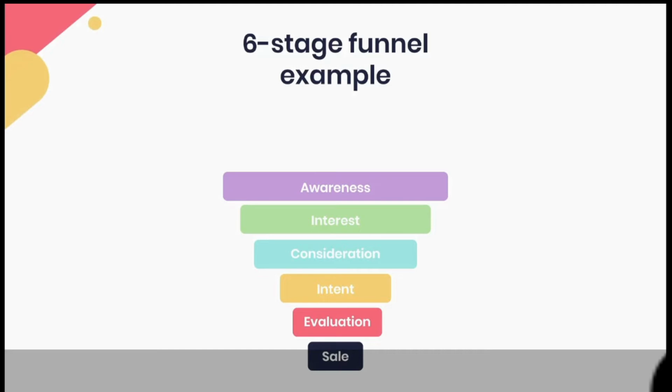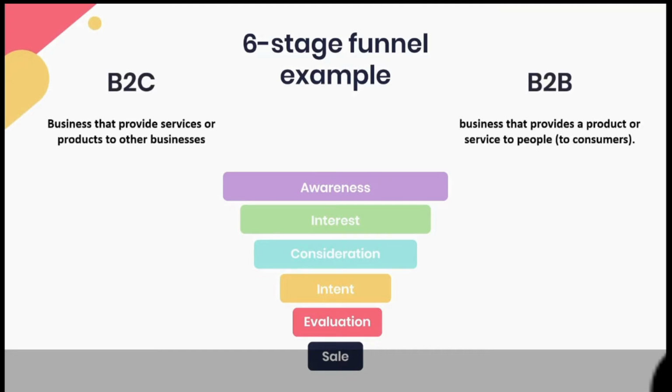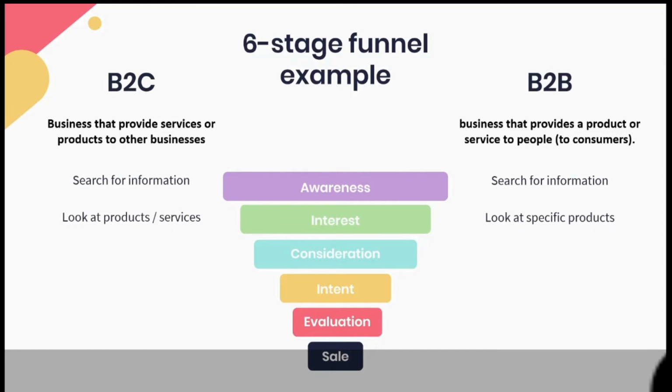So in the awareness phase, both would be looking for information. In the interest phase, B2C would be looking at products or services, and B2B would be looking at specific products or services and reviews. Under consideration, B2C might compare and read reviews, whereas B2B would be sharing research with their partners.